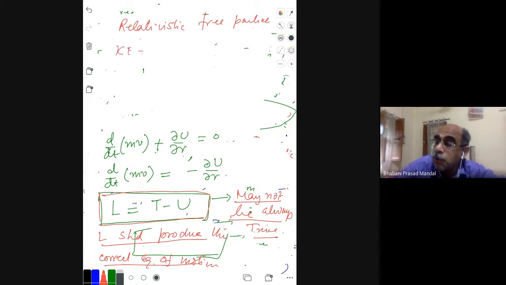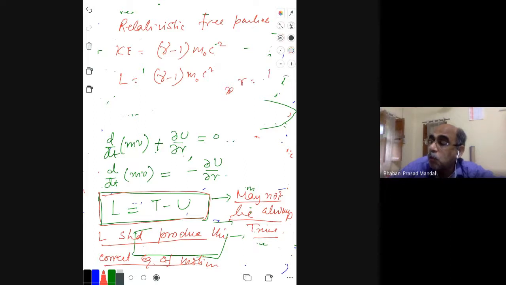Kinetic energy will be gamma minus 1 times m0 c squared, right? This is the kinetic energy of a relativistic particle. So for a relativistic free particle, the supposed Lagrangian is gamma minus 1 m0 c squared, where gamma is 1 over the square root of 1 minus v squared by c squared. But this is not correct.